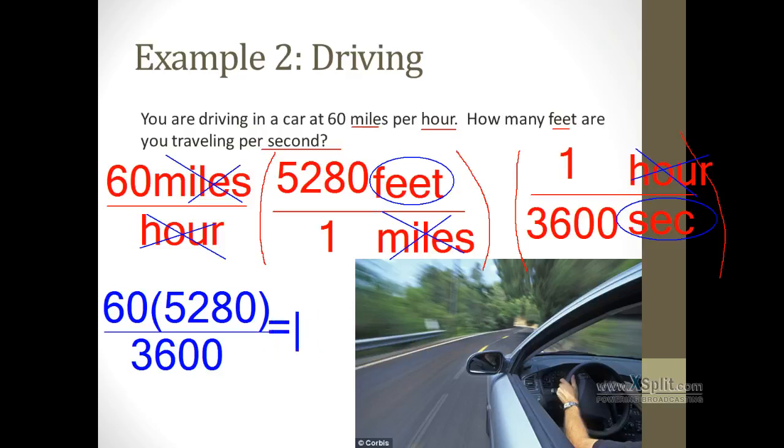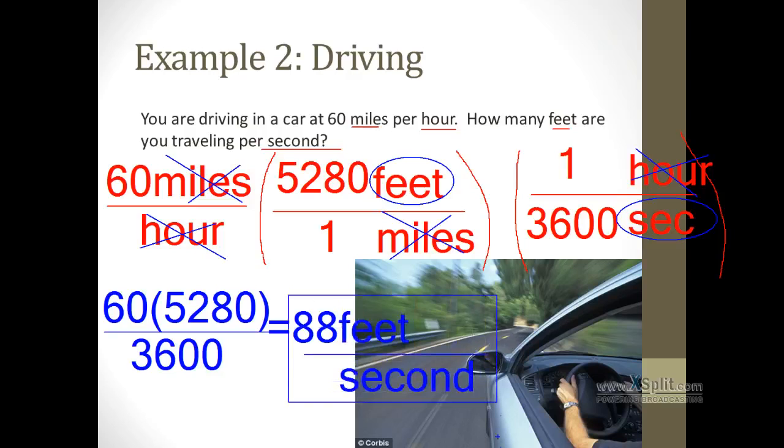That's all equivalent to 88 feet per second. This would be my overall speed, 88 feet per second. Every single time you count 1/1000, you've gone 88 feet if you're traveling 60 miles per hour. So that's an example of converting 2 different units at 1 single time.